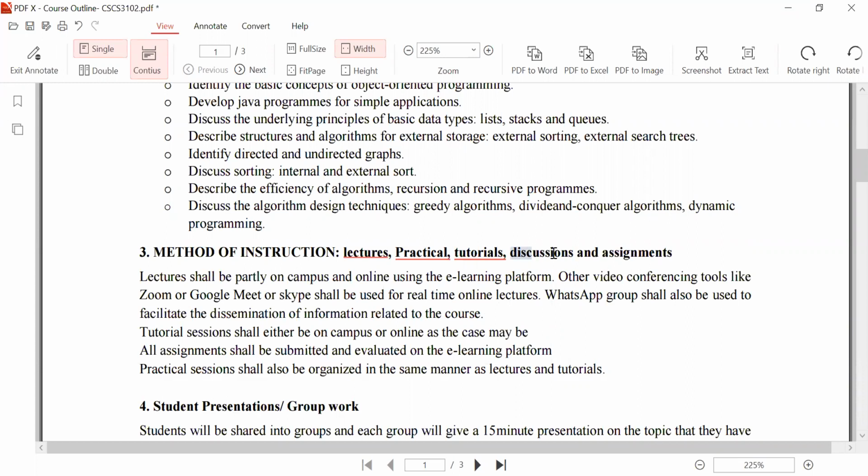So we shall have normal discussions and a lot of assignments that you will need to do and submit. All assignments must be submitted on the e-learning platform.